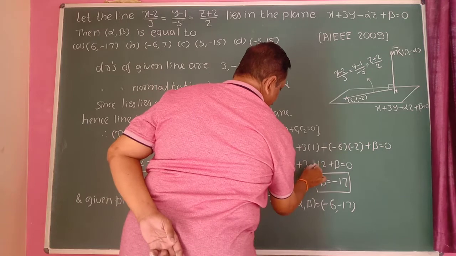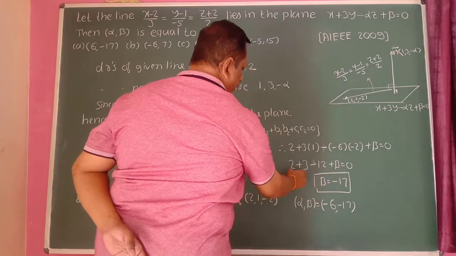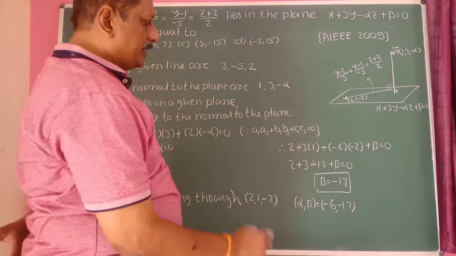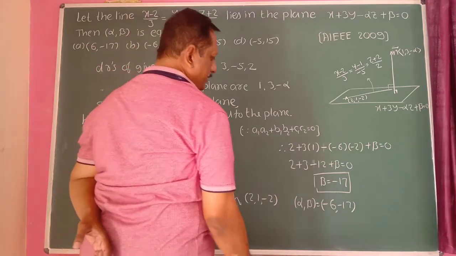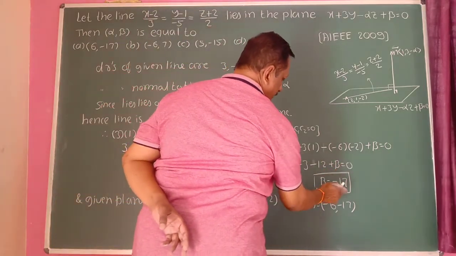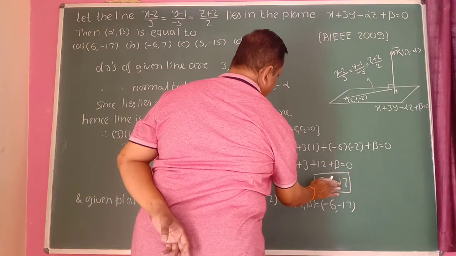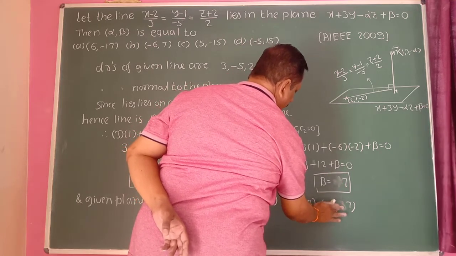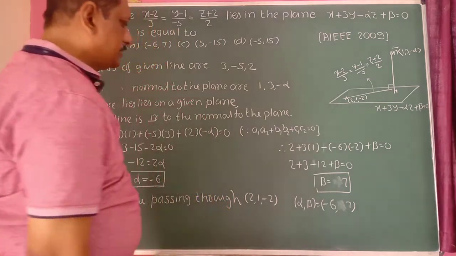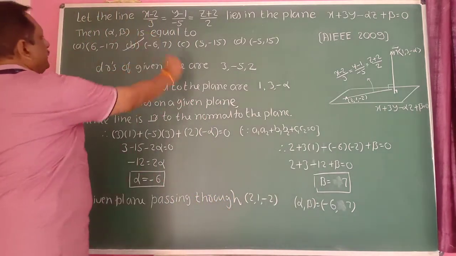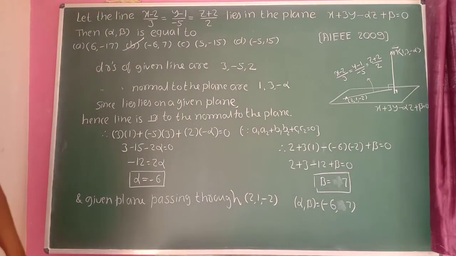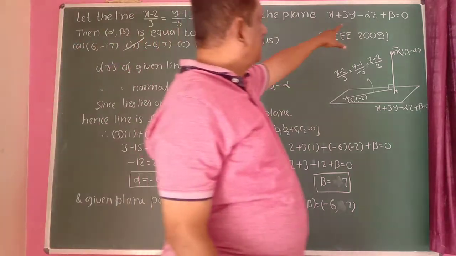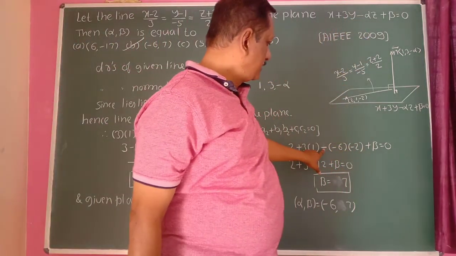Therefore it is minus 12 here. So 2 plus 3 is 5. So 5 minus 12 is minus 7. Take minus 7 to the right hand side, it becomes plus 7. So therefore alpha beta is minus 6 plus 7, B is the correct option here. So there is a minus sign here, therefore take care, minus, not plus.